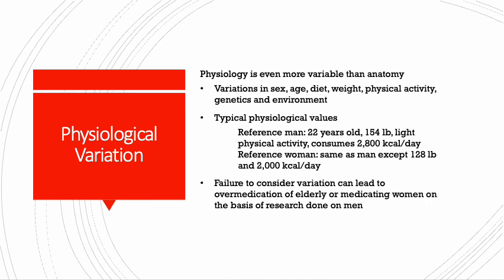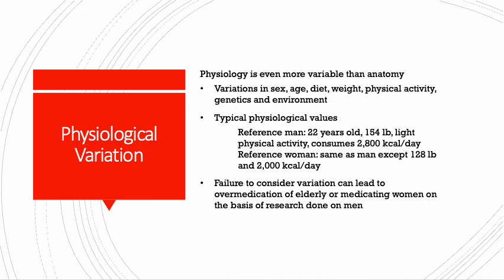Failure to consider the difference in the variations physiologically can lead to over-medicating people or under-medicating people, because women typically need less medications than men, because men have higher metabolism. They will metabolize the meds faster. And especially elderly and children, they metabolize much slower than adults.